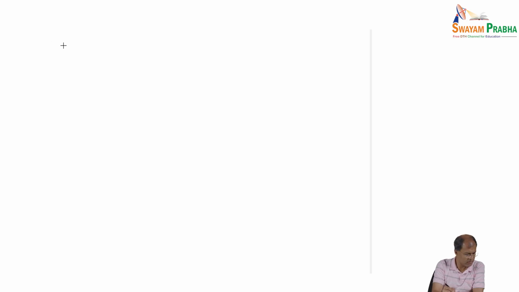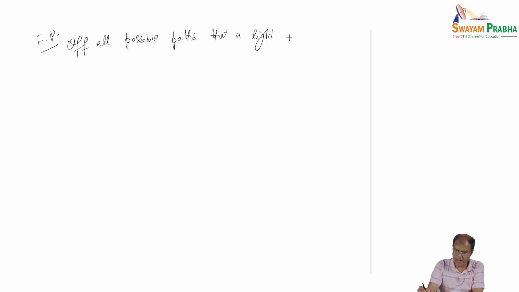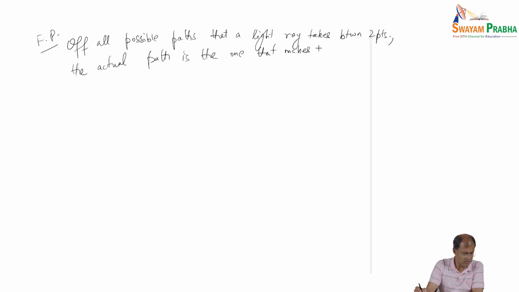So the variational Fermat's principle says that of all possible paths that a light ray takes between 2 points, the actual path is the one that makes the travel time stationary.